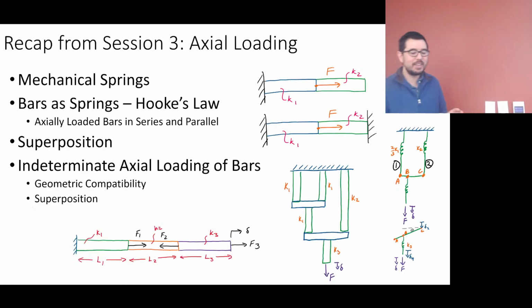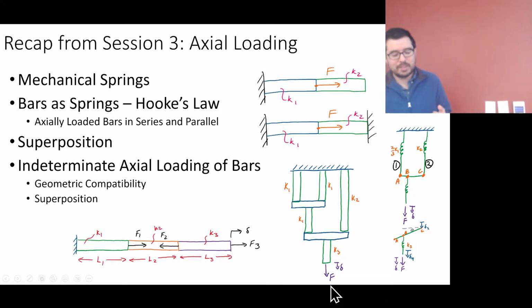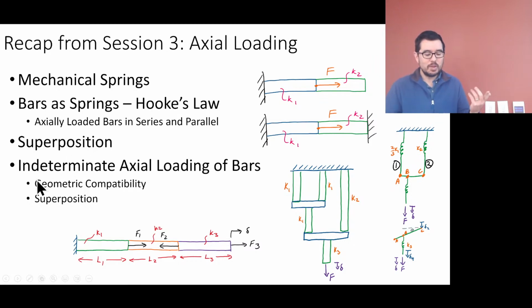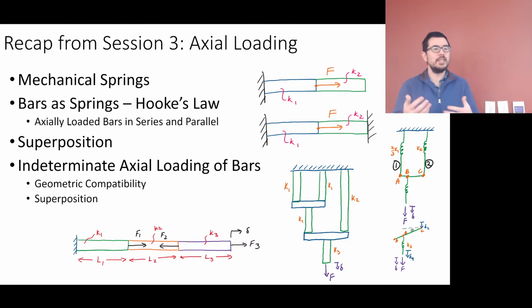So last time we discussed axial loading. We discussed how we could think about Hooke's law, both for mechanical springs and for bars. We looked at how we could do superposition. And then we also treated some problems with indeterminate axial loading. Okay? And we looked at how we could use geometric compatibility as one technique, or use superposition with geometric compatibility, in fact. All right?